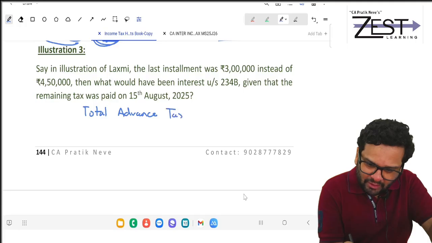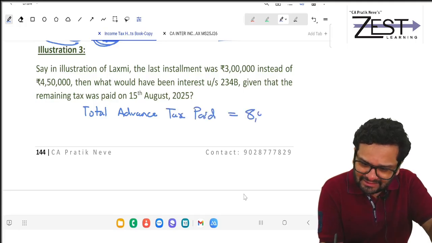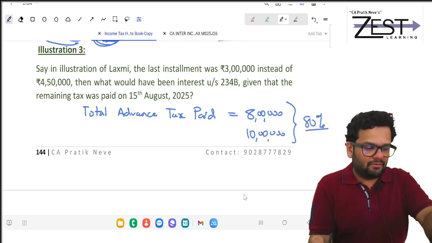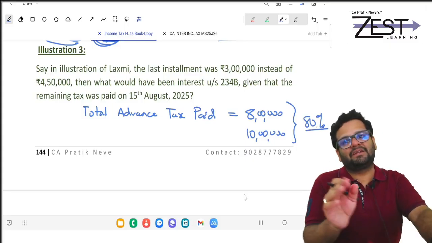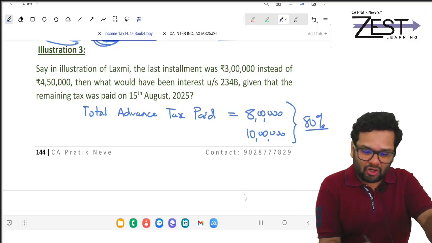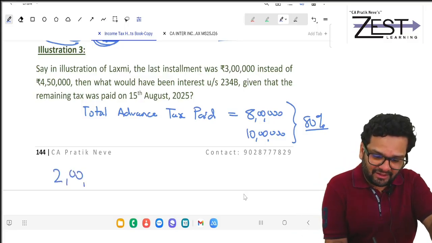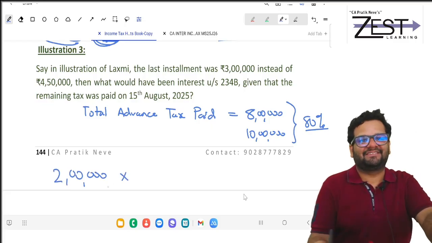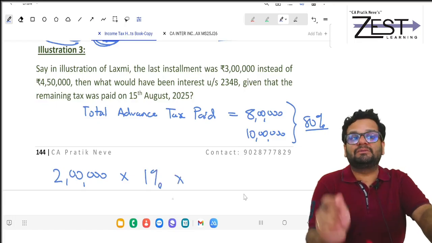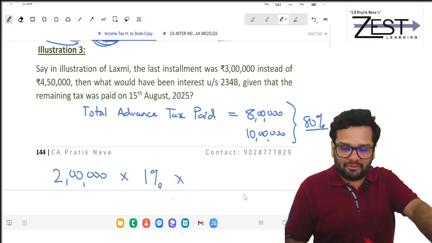Her total advance tax paid will become 8 lakhs out of 10 lakhs. That means she has paid only 80%. That is less than 90%. Now please calculate interest on 2 lakhs. Entire 2 lakhs, 2 lakhs into 1% per month into how many months?